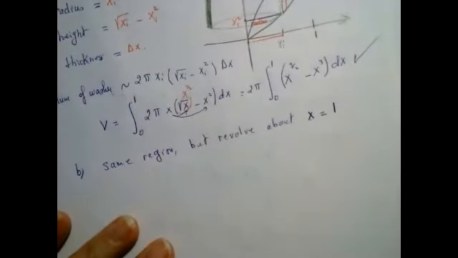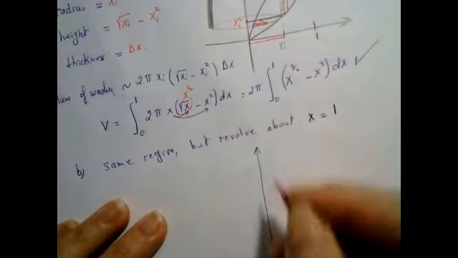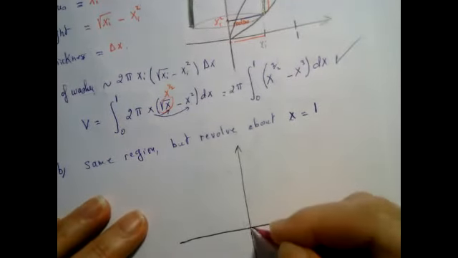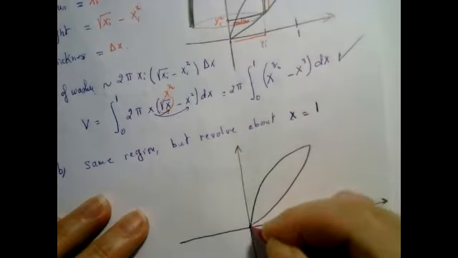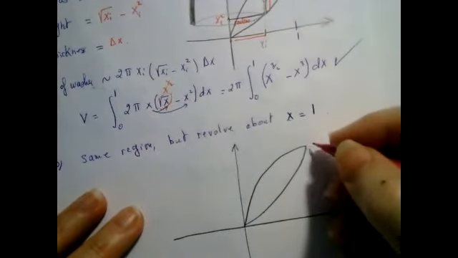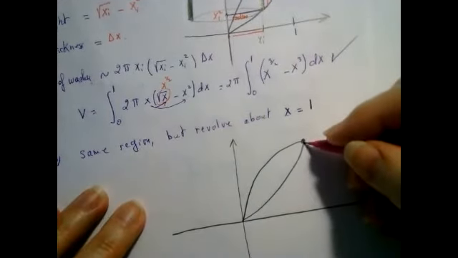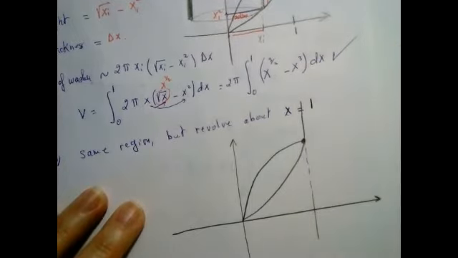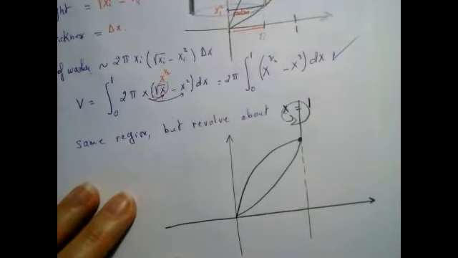I draw the picture. So now this is my region, the root x, the x squared, and the intersection was at 1, 1. So x equal to 1 would be exactly this line. That's the axis of rotation. And I want to do the exact same thing.